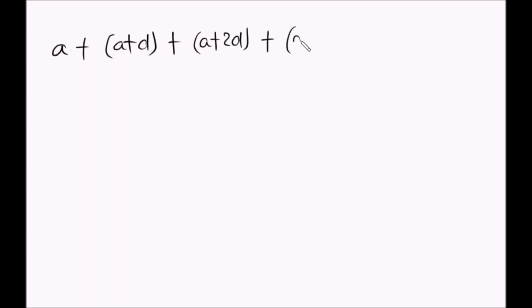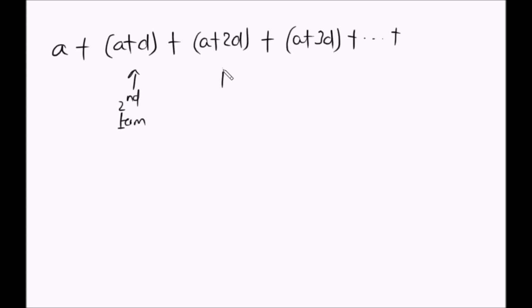Now consider this arithmetic progression. First term is a, the second term is going to be a plus d, the third term will be the second term plus d, the fourth term will be the third term plus d, and so on. Now look at the second term.